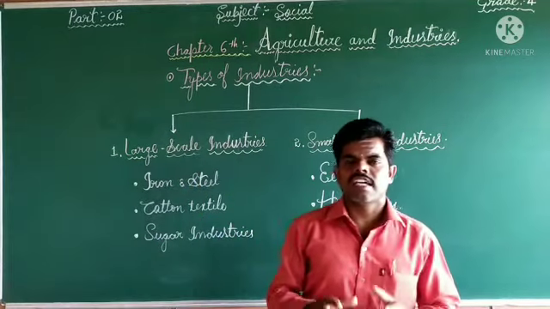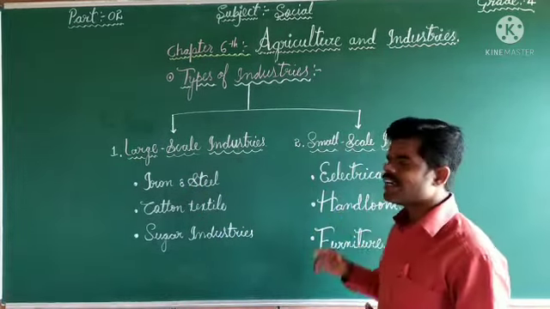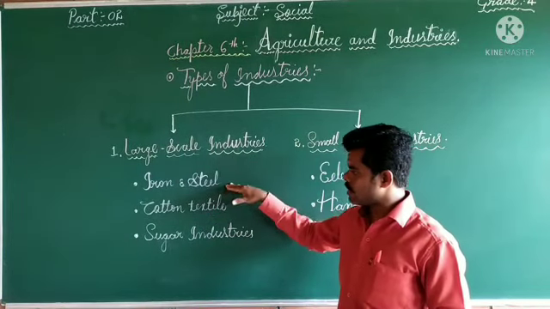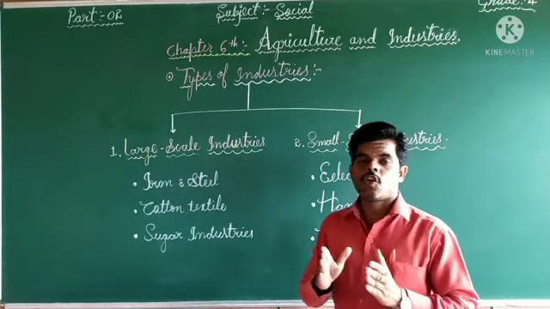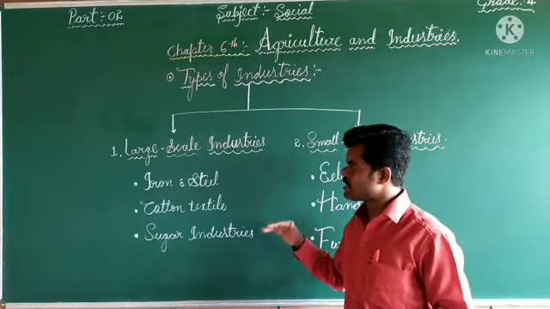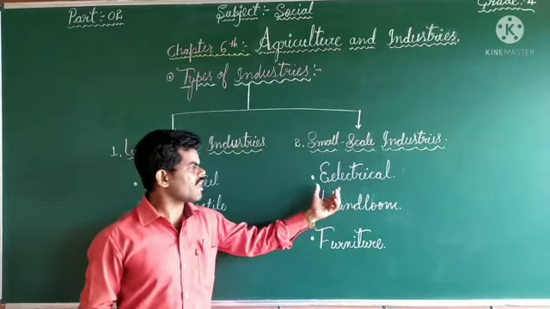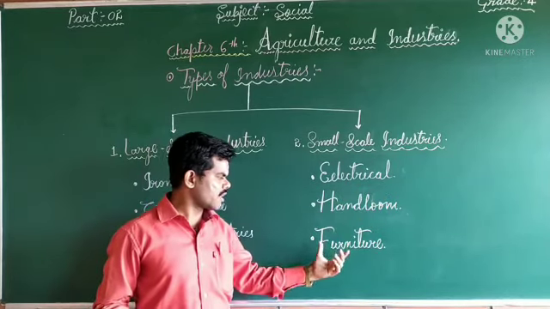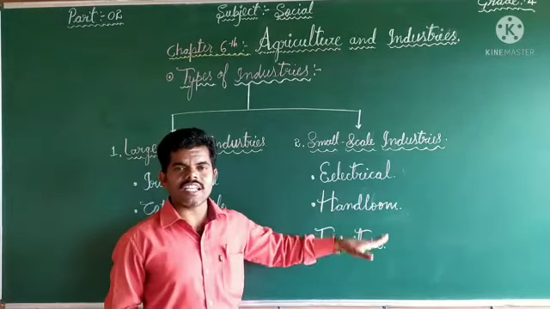Let's see examples of large scale industries and small scale industries. Look at the board, dear students. Iron and steel industries, cotton textile industries and sugarcane industries are the large scale industries. And examples of small scale industries are electrical industry, handloom industries and furniture industries.